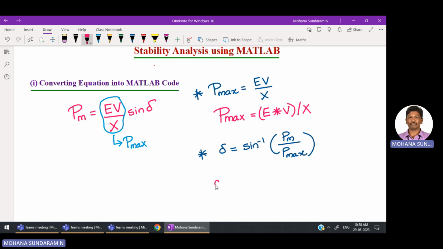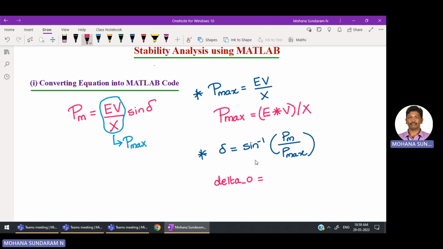It is better to use the name of that symbol. It is delta. Since we are talking about the initial value, I'm going to have it as delta underscore o, meaning delta naught. It is not necessary that you use the same naming convention. Whichever is okay for you, you can use. So instead of delta, I'm going to name it delta underscore naught.